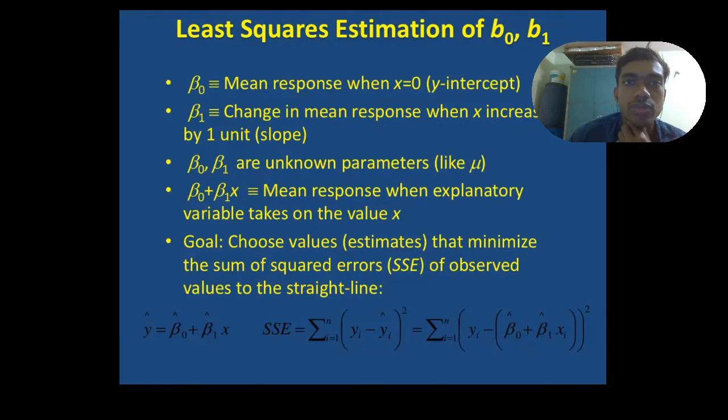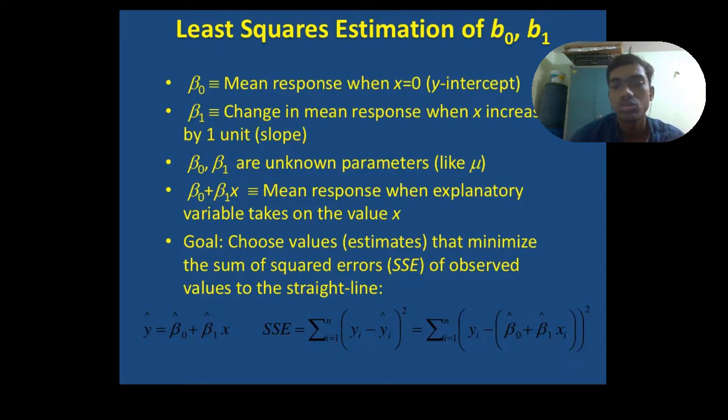Now we'll be looking at least squares estimation, that is, beta0 and beta1. Beta0 is the mean response when x equals 0, the y-intercept. Beta1 is the change in mean response when x increases by 1 unit. Beta0 and beta1 are unknown parameters, like mu. Beta0 plus beta1 x is the mean response when the explanatory variable takes on the value x.